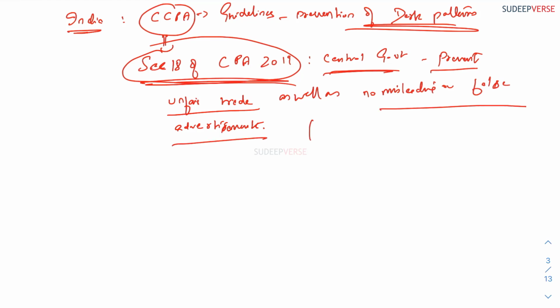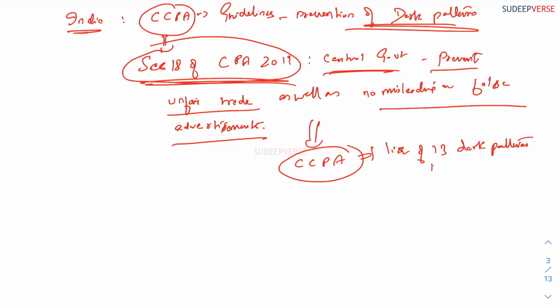So under this, the Central Consumer Protection Authority has released the list of 13 dark patterns which are to be banned in India. This is the concept of dark patterns.